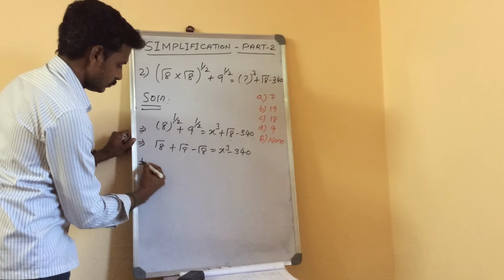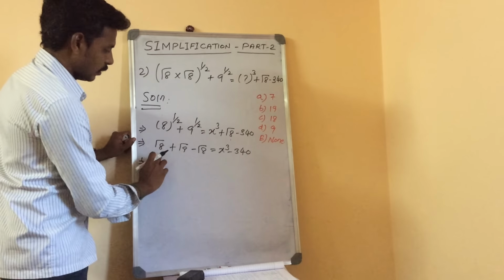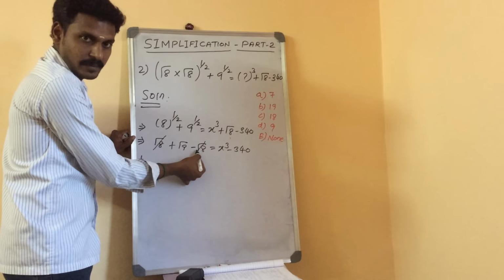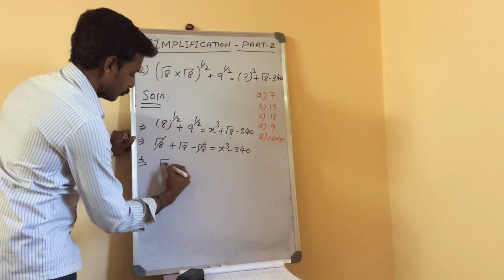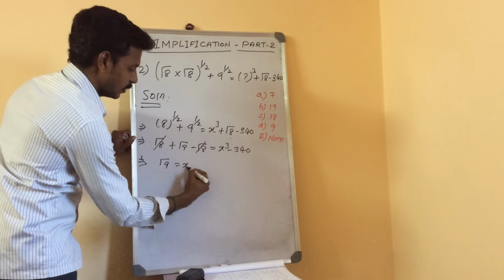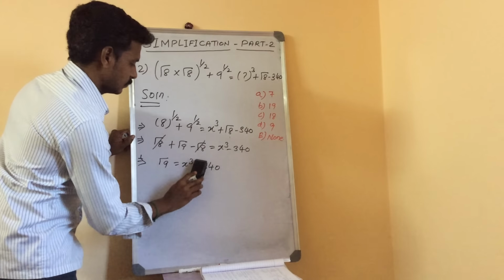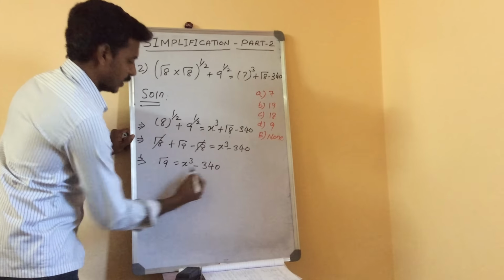Let's go to the third step. √8 will be cancelled, because plus √8 here and minus √8. So √9 equals x cube minus 340.